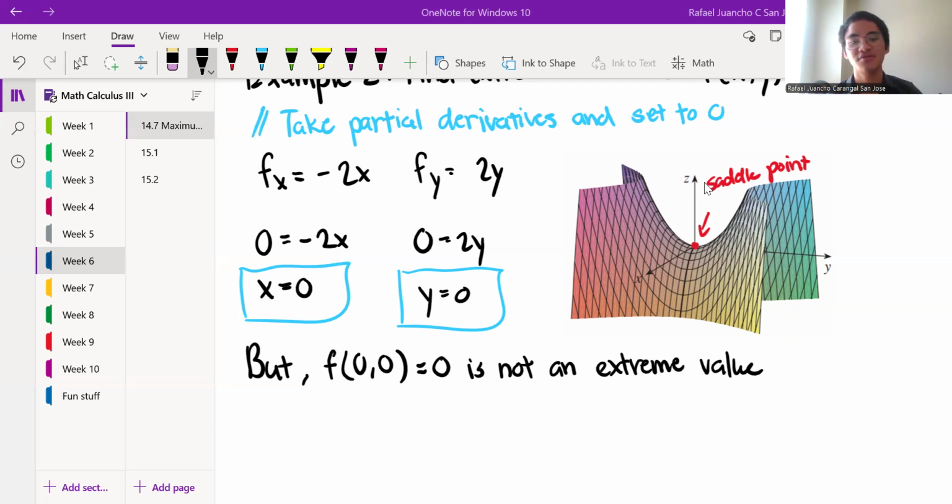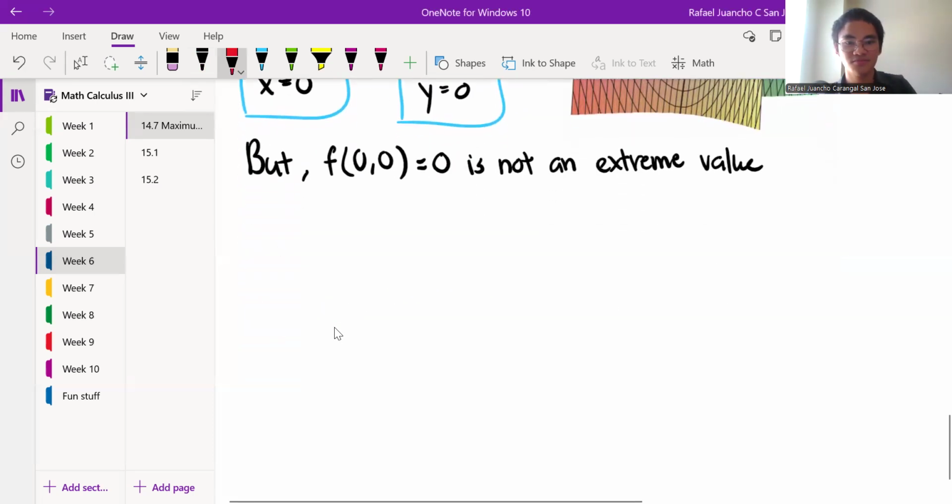So here's the other test we can do to determine if it is indeed an extreme value, and that's the second derivative test. We take the second derivatives and then we check. So we couldn't check it before, and now we're able to check it.